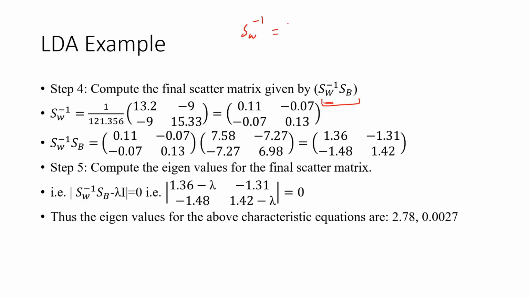The formula is simple. You have to do adjoint of SW divided by determinant of SW. For example, I'm just giving an example. Let's say that SW is originally 1 2 3 4.